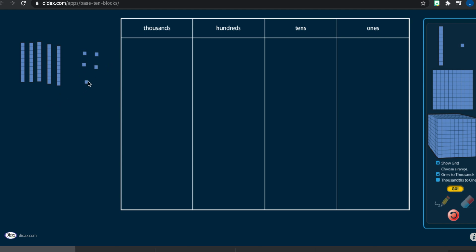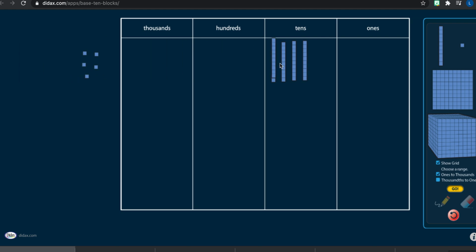Now, another thing that you can do is you can bring all your rods over to the tens. You can do this, because then it shows you that your rods go into this right here. And then all your ones can go over into your ones, or your units.